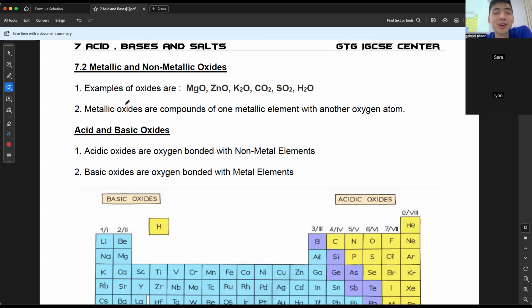Right, so you can see there are many examples of oxide: magnesium oxide, zinc oxide, potassium oxide, carbon dioxide, sulfur dioxide, and hydrogen oxide. No lah, H2O lah, water lah. Metallic oxides are compounds of one metallic element with oxygen. These are obviously called metallic oxides. Everyone knows this by now. Keyword here, guys: acidic oxides are usually non-metal elements, whereas basic oxides are usually metal elements.